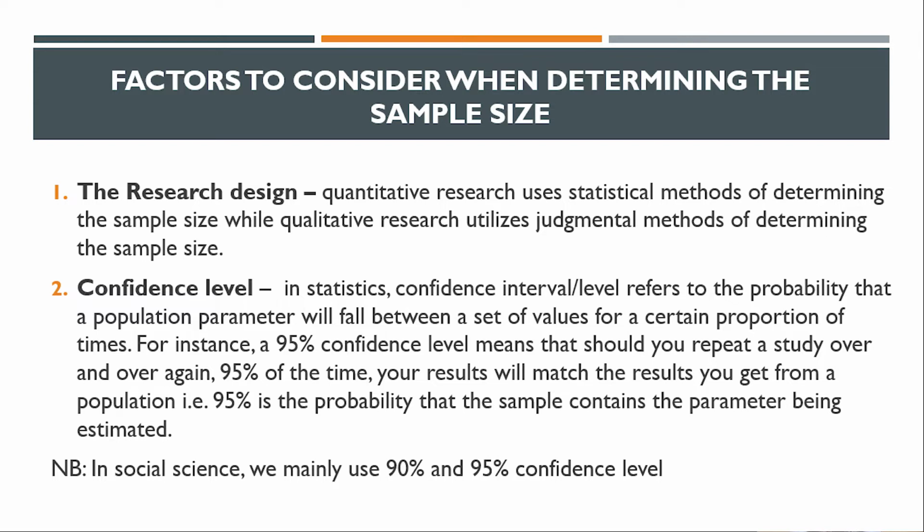So what we are saying at the confidence level is that the confidence level is the probability that the sample contains the parameter that is being estimated. In social science research, we mainly use 90% or 95% confidence level.